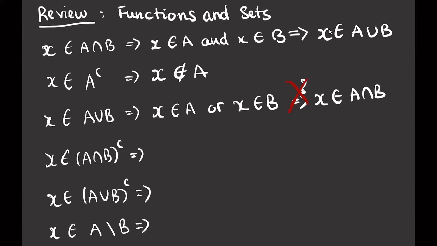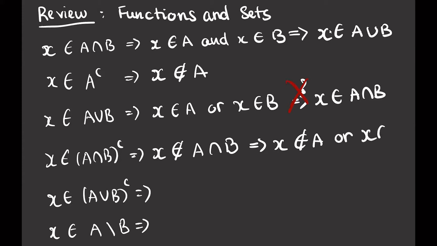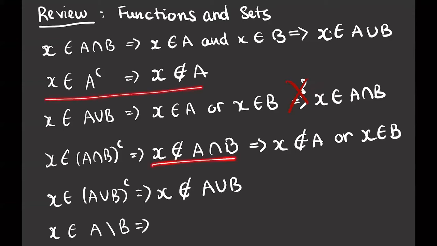So x is in A intersect B complement, it means x is not in A and B. And it means x is not in A or x is not in B. If x is in A union B complement, it means x is not in A union B. So this step, I just use this definition.